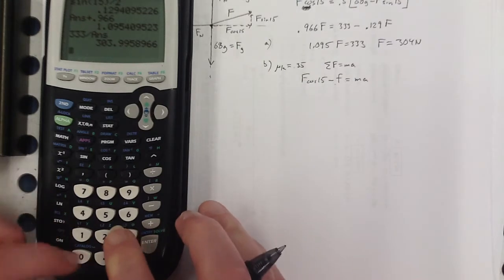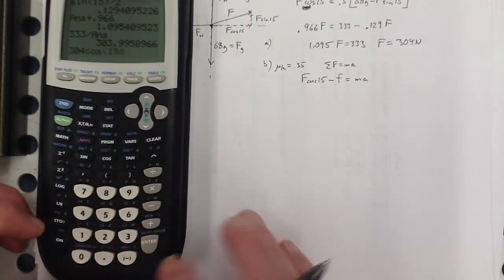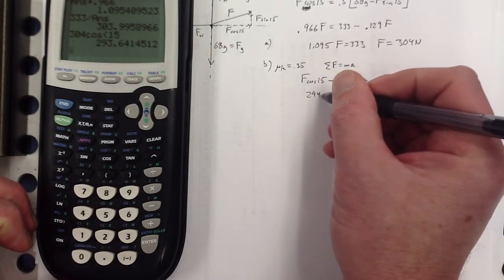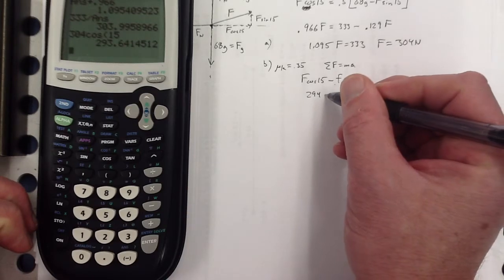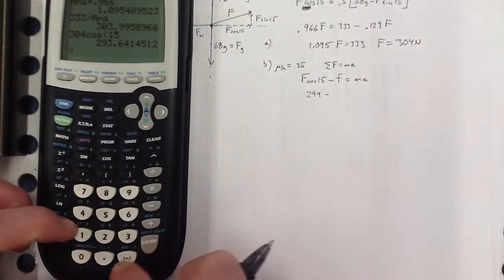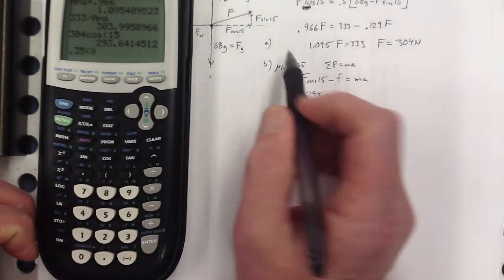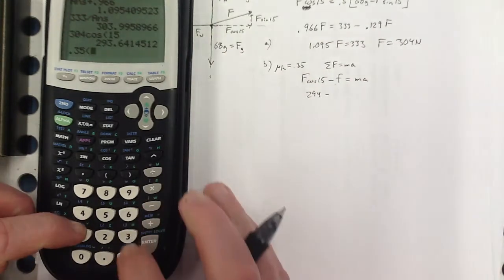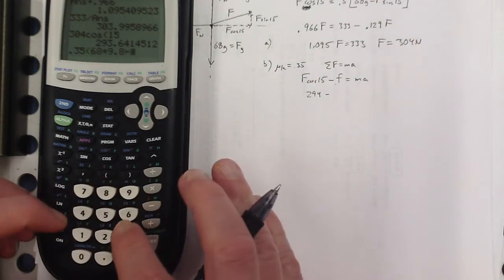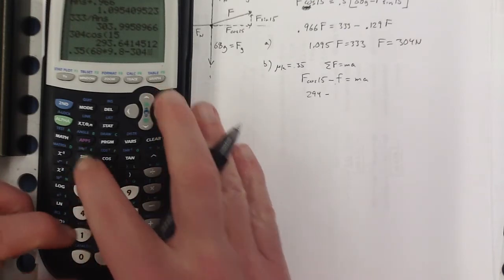It's 304. So 304 times the cosine of 15 is about, let's say, 294, minus the force of friction, which is 0.35 times the normal force, which is 68 times 9.8 minus 304 times the sine of 15.